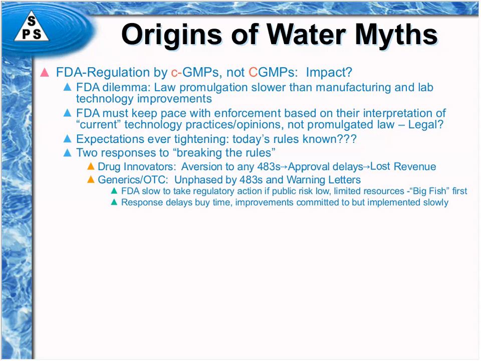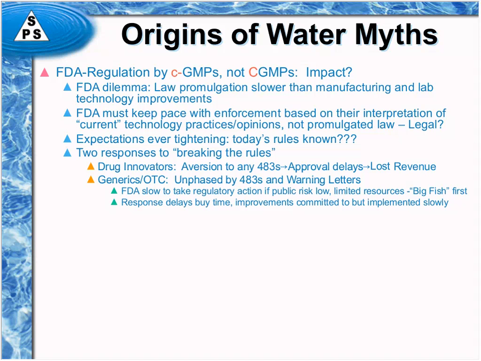They're going to go after the more serious problems first to make sure that the public safety is not in jeopardy. And so any kind of compliance problem in the generics and the OTC industry that is not going to directly translate into immediate public health impact is probably going to be a little bit slower in terms of when FDA can get around to dealing with that.